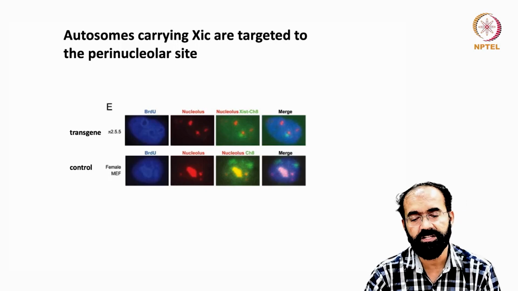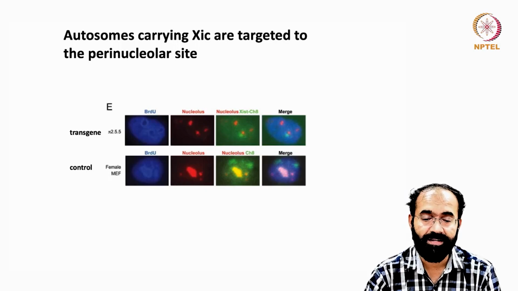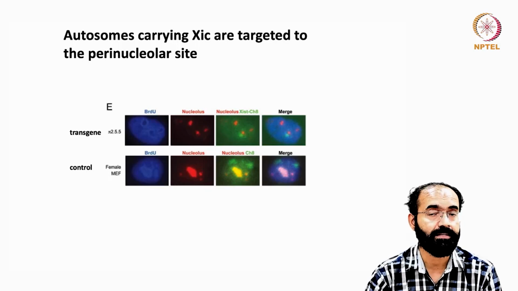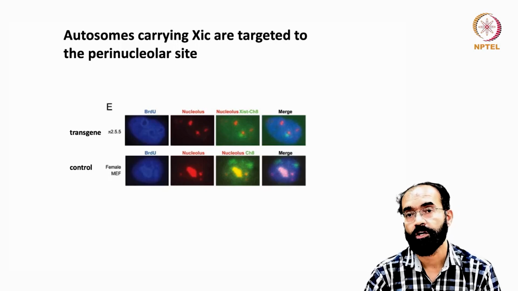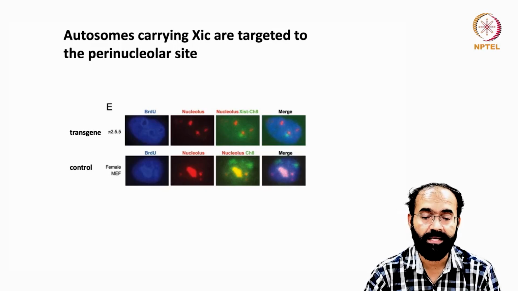Once you merge them, you realize that whenever you put Xist, or the X-inactivation center, into chromosome number 8, it has a perinucleolar association, but no such association can be seen if you have a marker for chromosome number 8. Both chromosomes are seen properly.